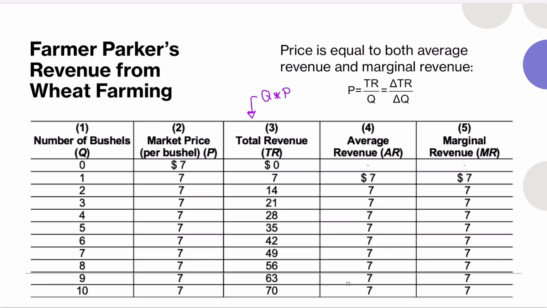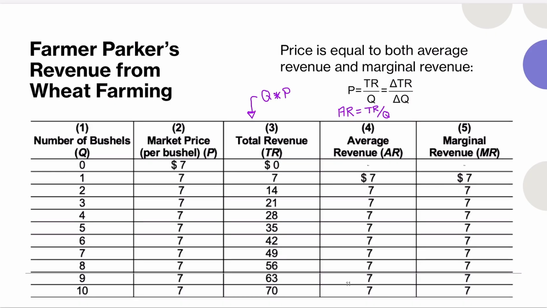So 1 times 7 gave us 7, 2 times 7 gave us 14, 3 times 7 gave us 21. And then for our average revenue, which is just, again, total revenue divided by quantity, we get 7.